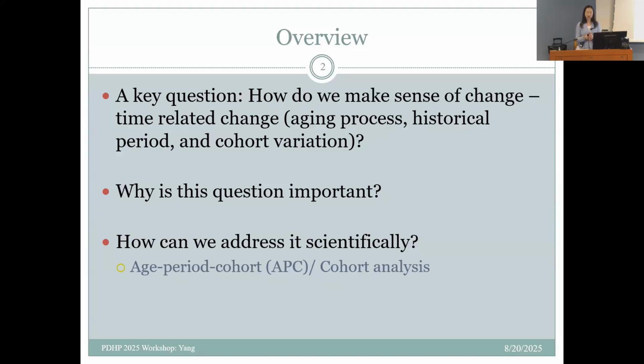A systematic study of such data is termed age period cohort, or APC, analysis, which is sometimes synonymously called cohort analysis, and I'll explain why that is the case in a few minutes. It is interesting because it has this unique ability to provide a parsimonious summary of the entire complex of social, historical, and environmental factors that simultaneously affect individuals. It has been widely used in studies of epidemiology, demography, and aging.